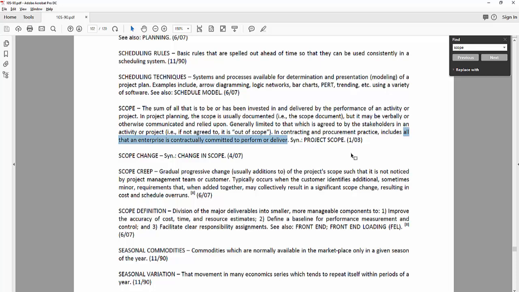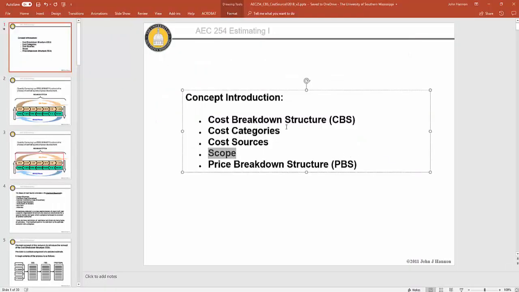Okay. So essentially, what a cost breakdown structure is, it defines the scope. It's a list of things that define the scope. And it's very important that the scope gets communicated to different stakeholders involved in building a project.